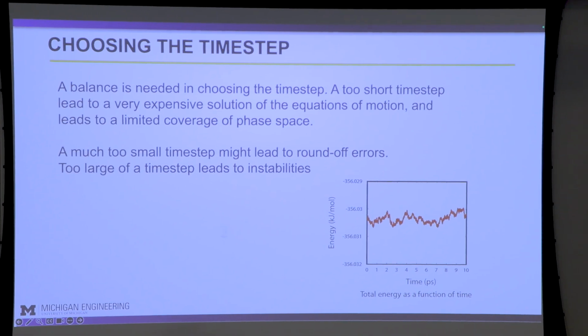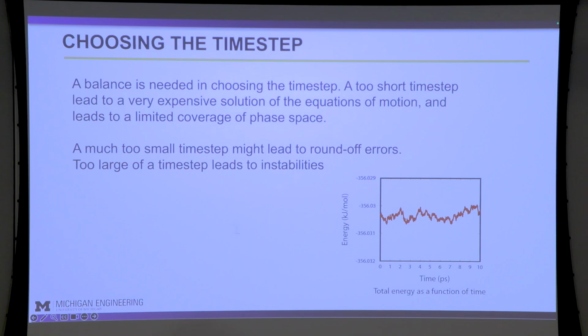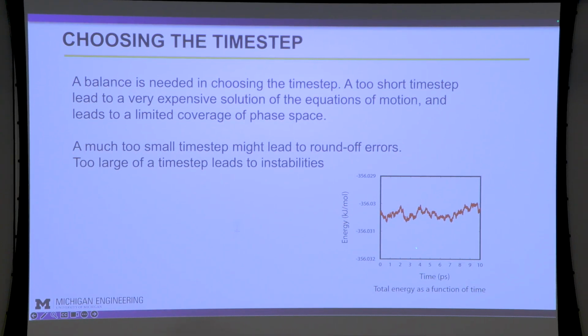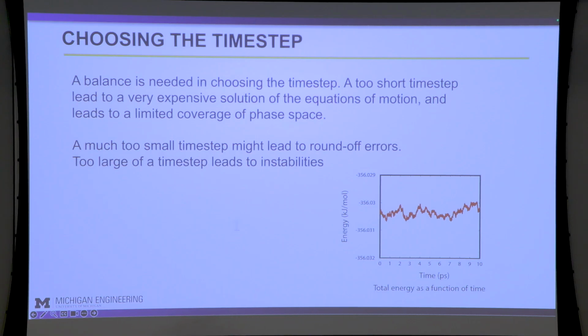So here I want to show you the total energy. Let's say that you're running an NVE. Remember, number of molecules, volume, energy constant. And I'm looking at the simulation over time. The energy is here, so what you see is some kind of energy that looks like this. And this is OK.